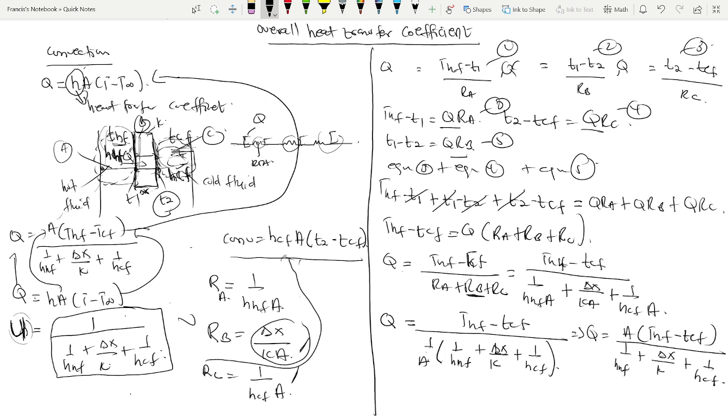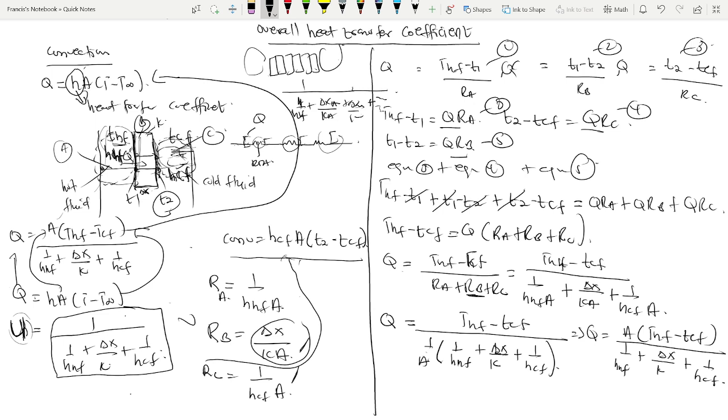So in the case in which we had like 5 metal slabs dipped in a hot fluid and a cold fluid, our heat transfer coefficient will just be 1 all over the heat transfer coefficient of the hot fluid plus change in XA over KA plus change in XB over KB, for the different metal slabs, and then finally plus our cold medium.